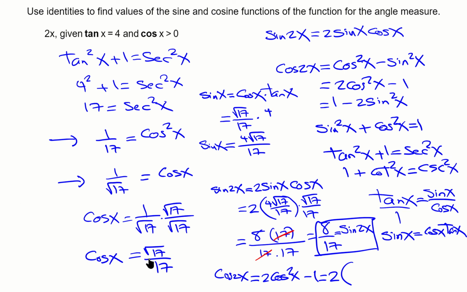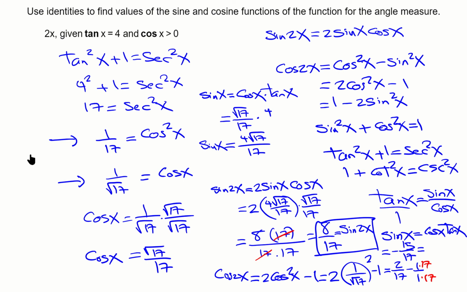So I could have used this form as well, but that's a little bit easier to square. So 2 times 1 over square root of 17 squared minus 1. So 1 over square root of 17 squared is just going to be 1 over 17. So we get 2 over 17 minus 1 over 1, which of course we can quickly combine by multiplying top and bottom by 17. So for the final answer, we will end up with negative 15 over 17.